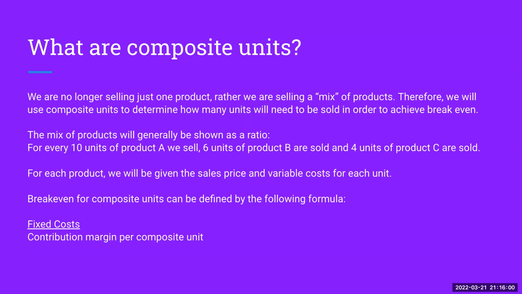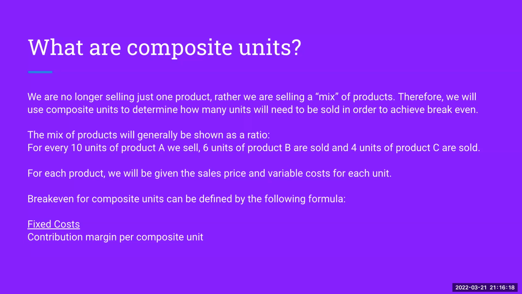So when you get this type of question, our goal is to figure out how many composite units we will need to sell in order to reach break even. For this type of question, the mix of products will be shown as a ratio.